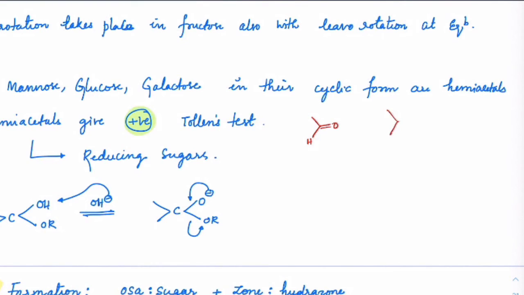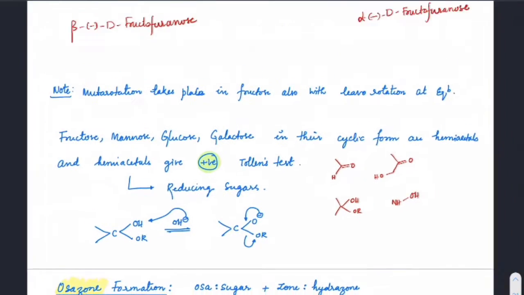Alpha hydroxy aldehyde or ketone, positive test. Hemiacetals, positive test. Hydroxylamine, positive test. Please remember these cases always. Wherever you find these, they will always give a positive test with Tollens, Fehling's and Benedict's.